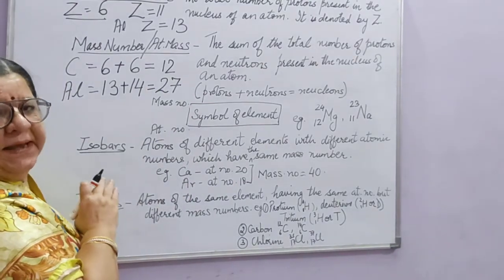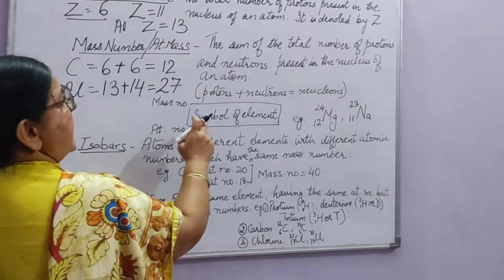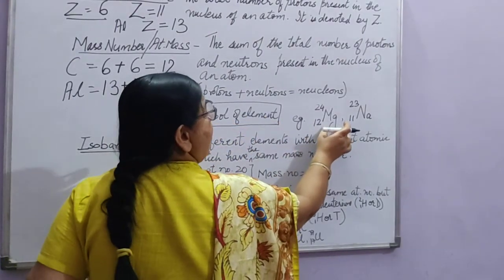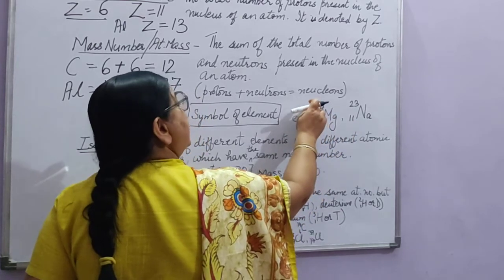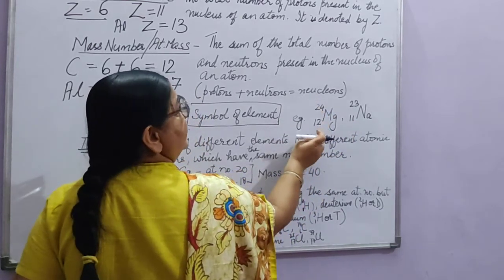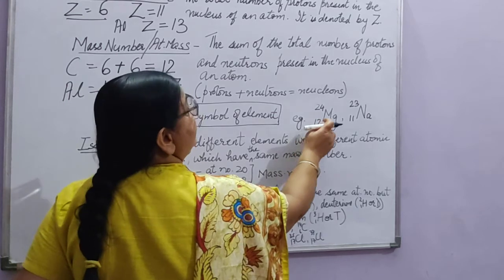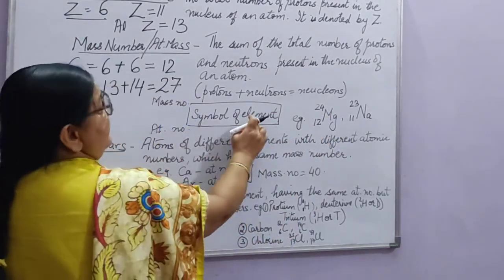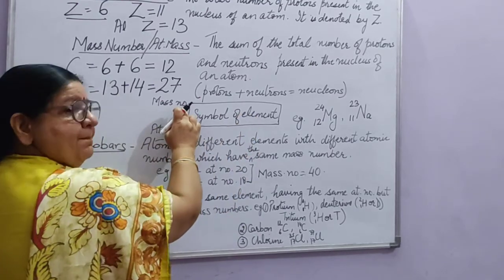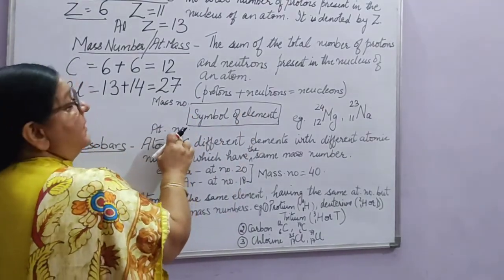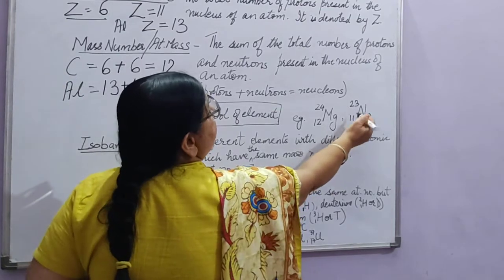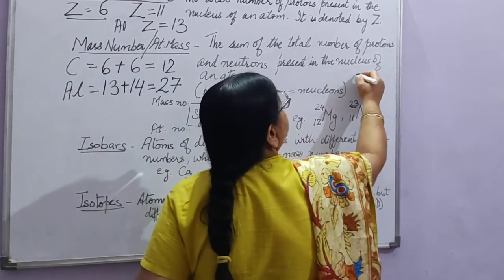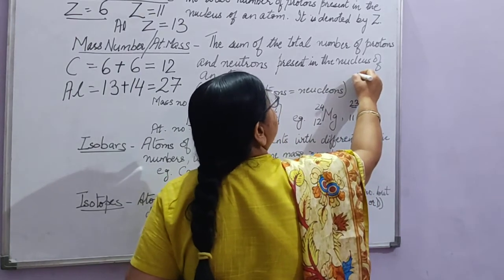So how will the atom be represented here, like magnesium? The mass number will be written here, the atomic number will be written here, and the symbol of the element will be written here. Symbol of element, mass number, atomic number, right? Like for sodium, mass number is 23. Now what does 23 mean?